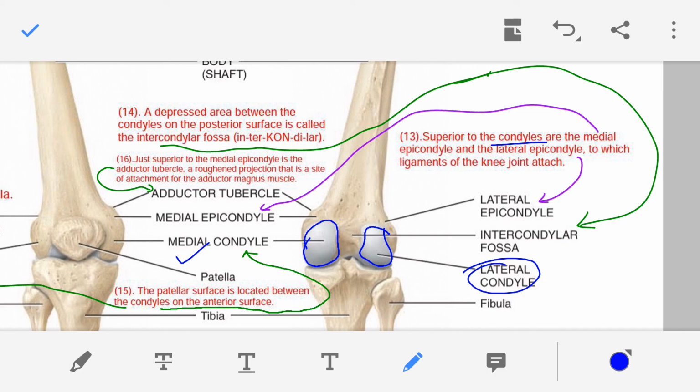So superior to lateral condyle, what is present? Lateral epicondyle is present, and superior to medial condyle, medial epicondyle is present.